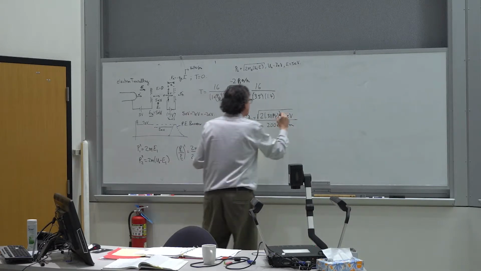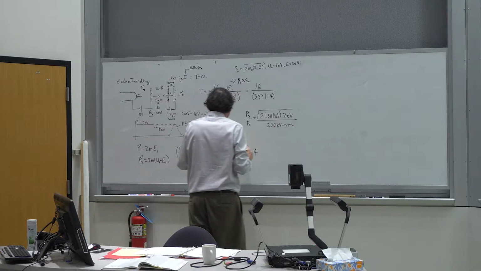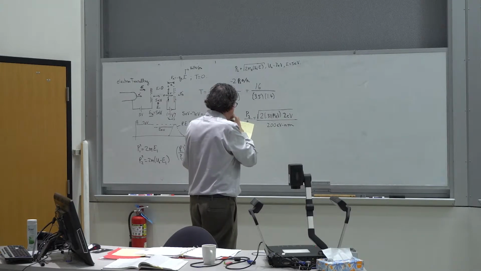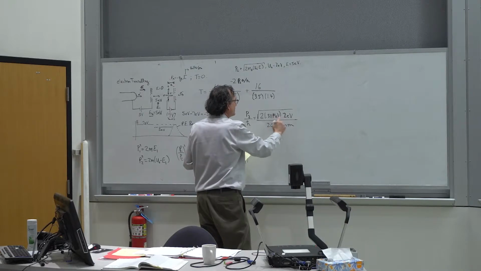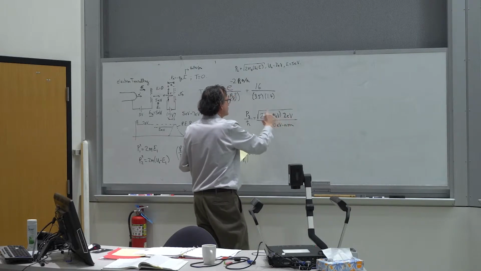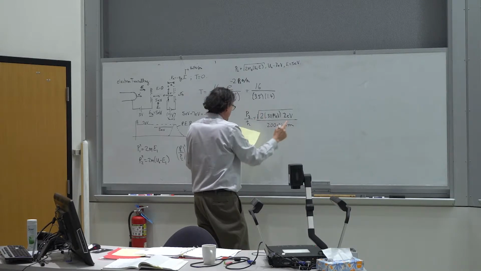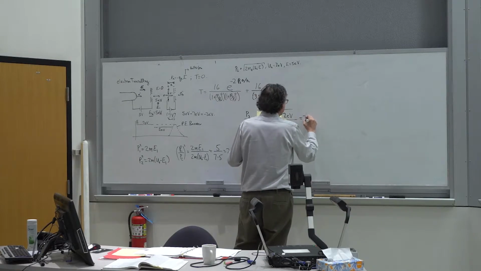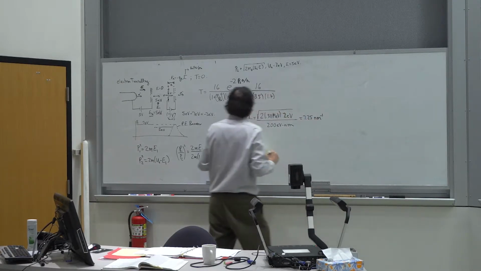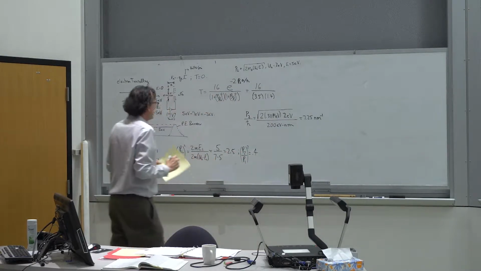Okay. So I can evaluate this, and notice I have MeV times eV times eV, which is eV squared. If I take the square root, I get eV. eV divided by eV nanometers is inverse nanometers, and this number gives me 7.25 inverse nanometers. Okay? All right, so I'm almost all the way home.